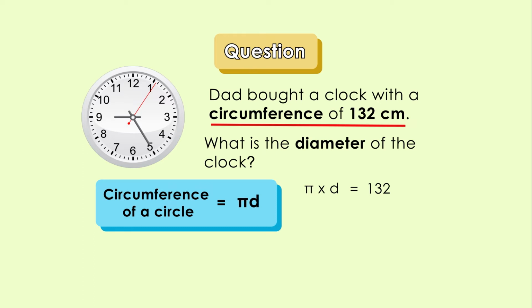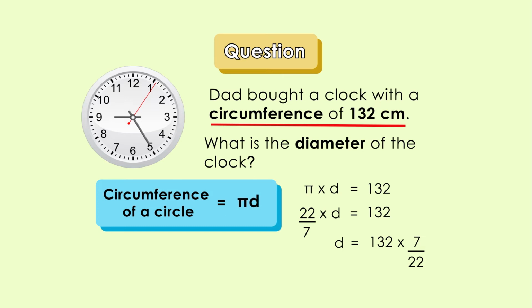Next, we insert the value of pi, which is 22 over 7. Arrange the equation to make d the subject of this equation. Hence, d is equal to 132 multiplied by 7 over 22.